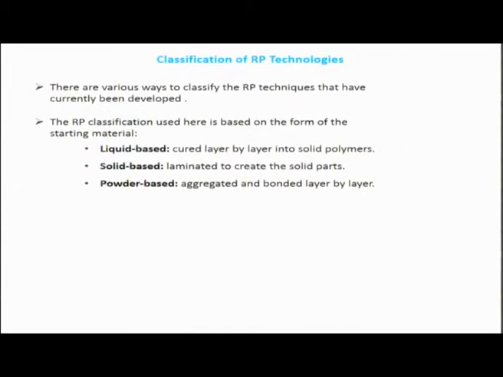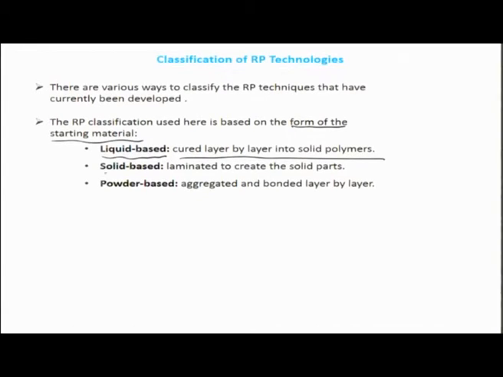So, how do we classify the different RP technologies which exist? So, you can have one form of classification based on the starting material. For example, there could be liquid based 3D printing process, which when cured layer by layer into solid polymers develop the solid shape or form or size of the final 3D product.